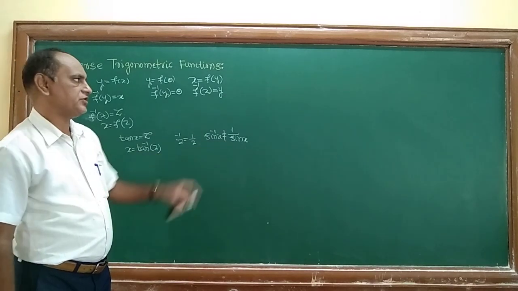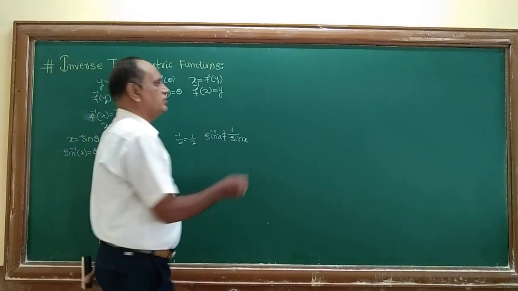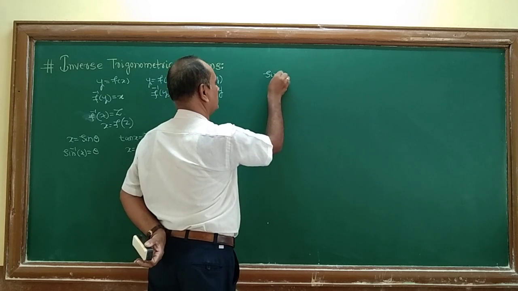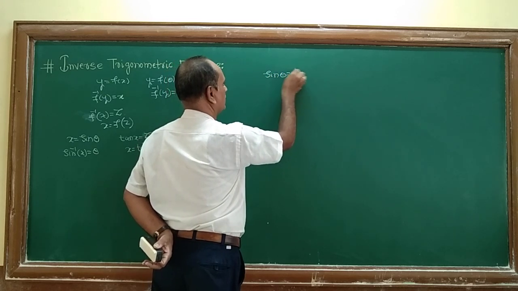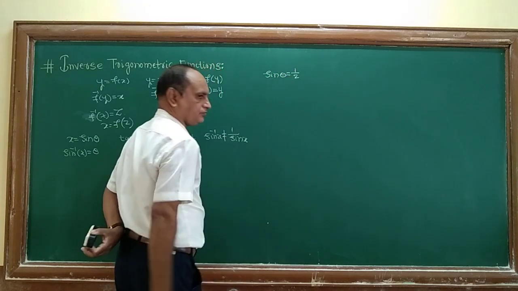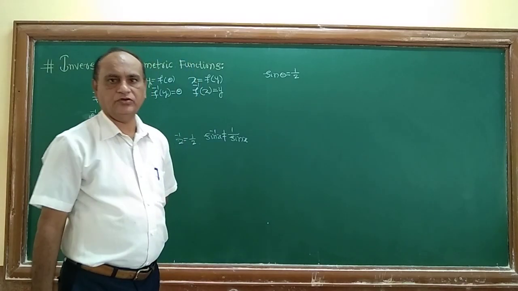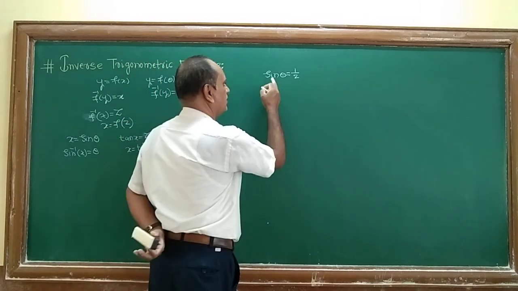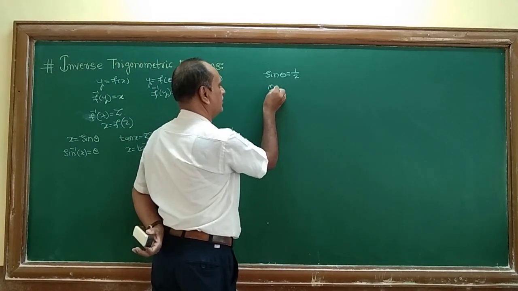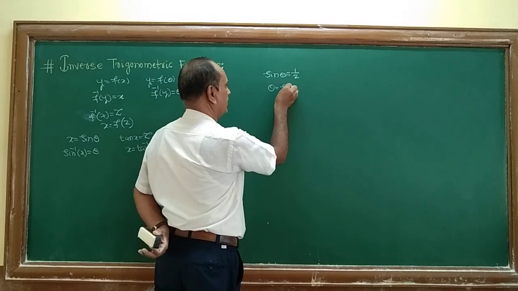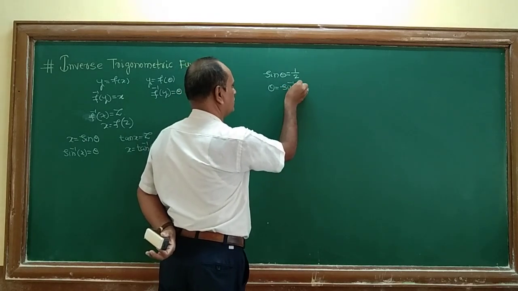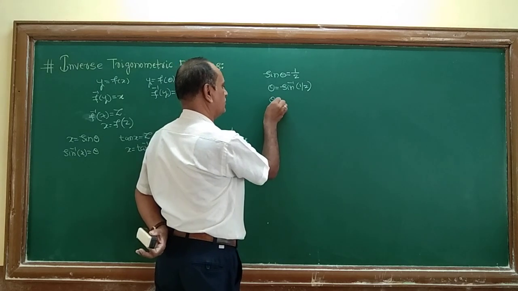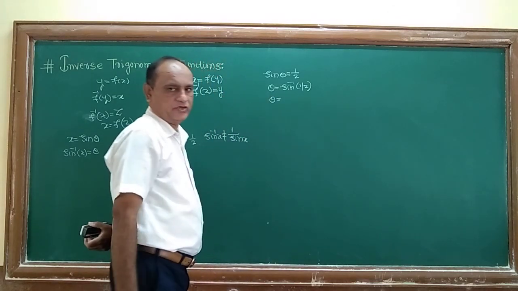Then come to the next point. Suppose in general sin theta is equal to 1 divided by 2. This is simple trigonometry. Write this as an inverse. Inverse means move the sin to the other side, therefore theta is equal to sin inverse of 1 by 2.